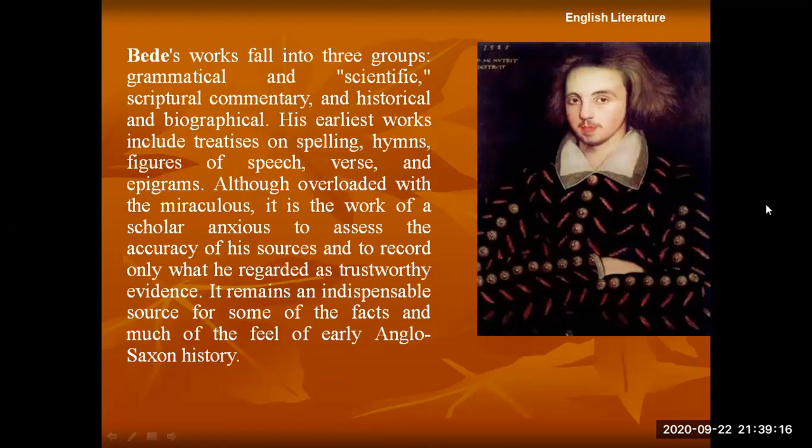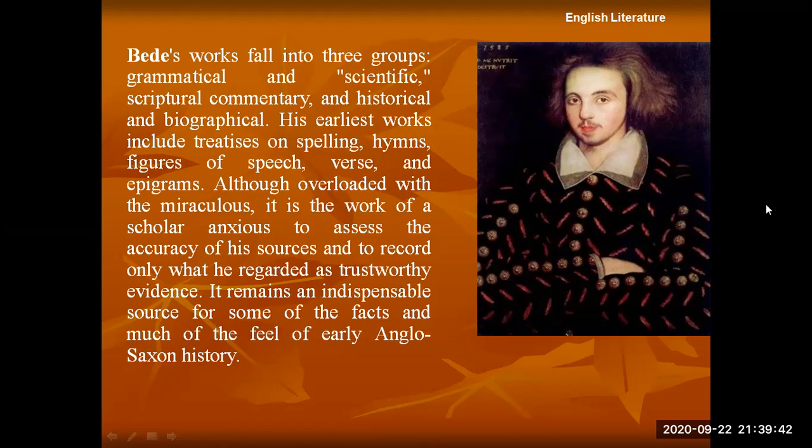Venerable Bede's works fall into three groups: grammatical and scientific, scriptural commentary, and historical and biographical. His earliest works include treatises on spelling, hymns, figures of speech, verse, and epigrams, although his history is overloaded with the miraculous.